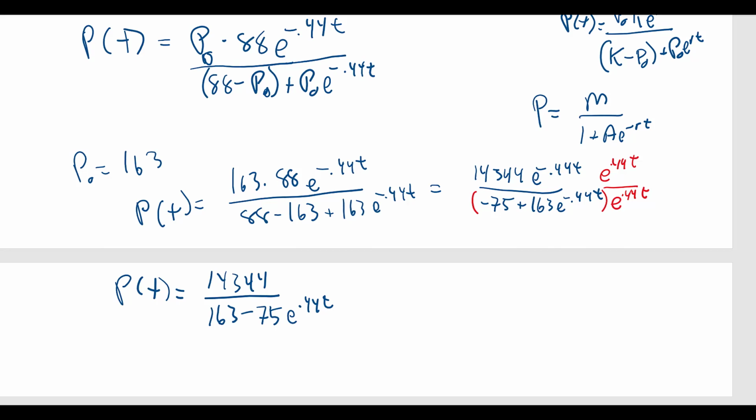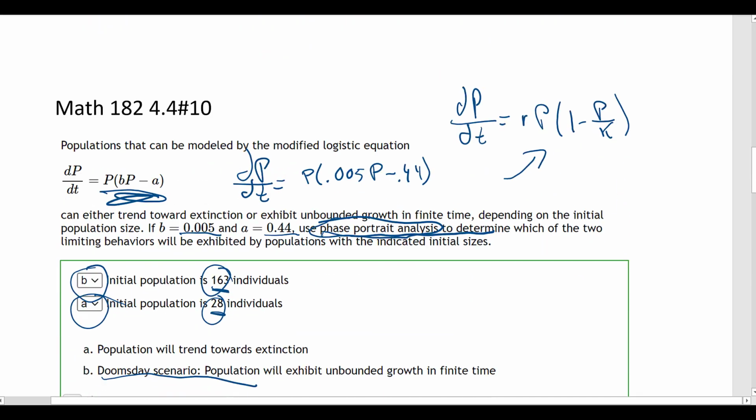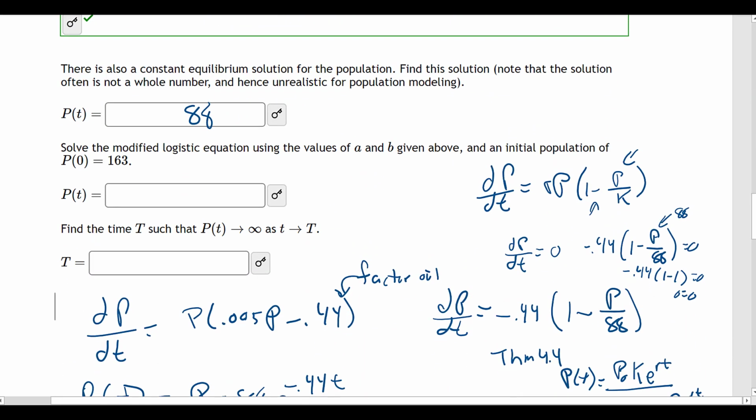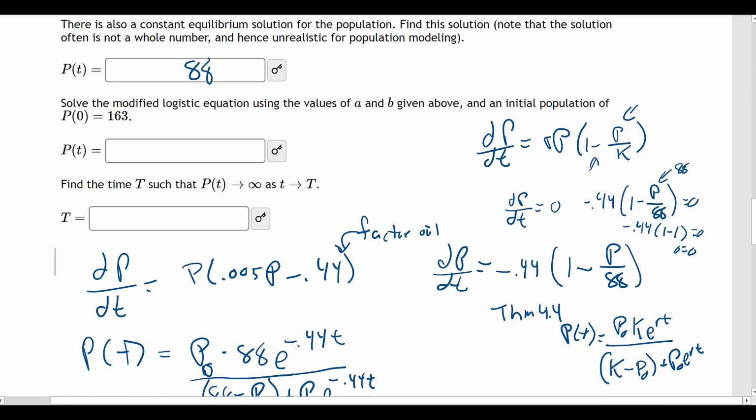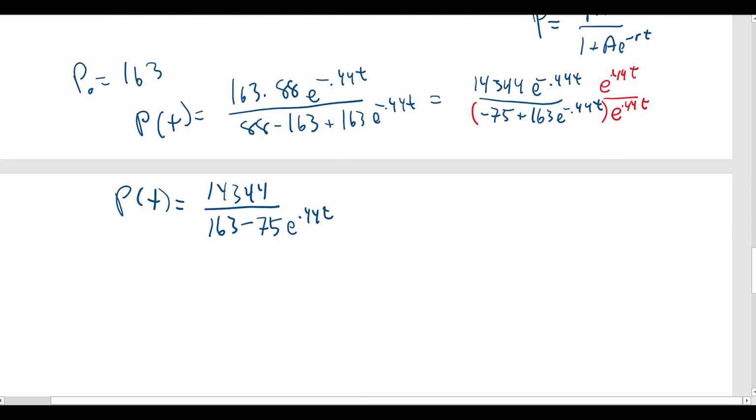Oops, scrolled up, sorry about that. The next part is to solve the modified logistic equation, A and B, and give an initial value population. So that's this formula here. Now the answer they had divided this down. This is equivalent to it, but they had divided that down a little bit.